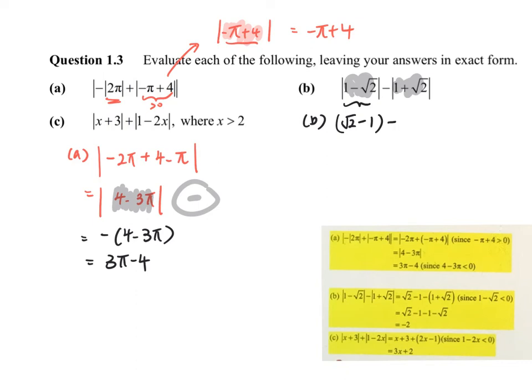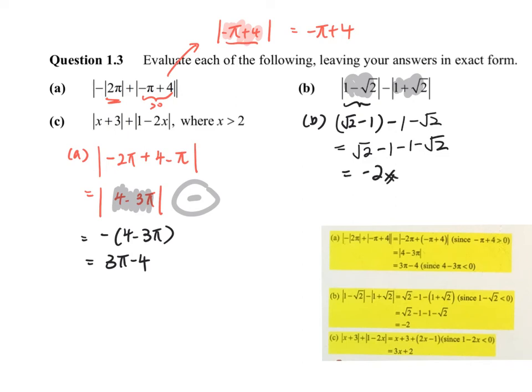Minus modulus is just minus 1 minus square root 2. Now just open the bracket and simplify your answers, and your answer turns out to be minus 2.